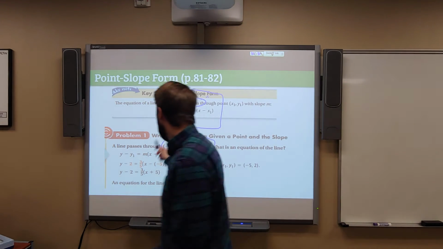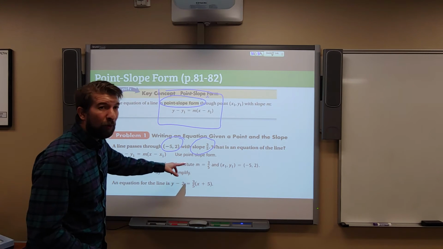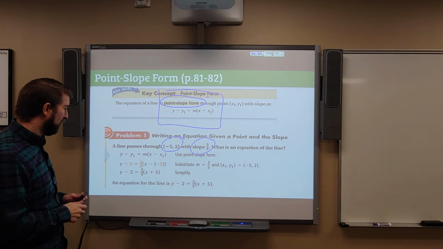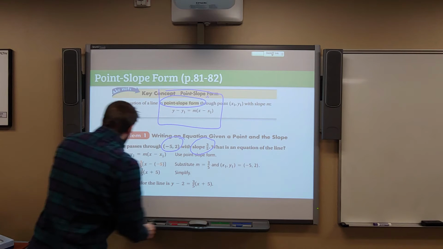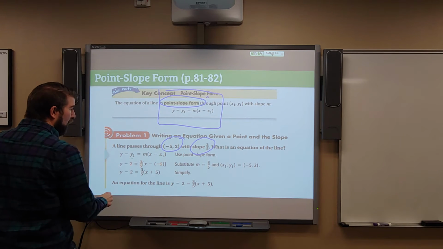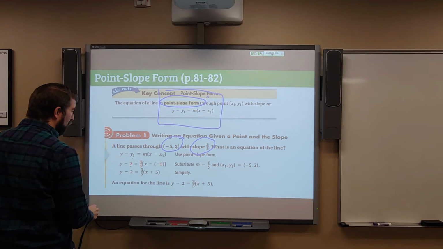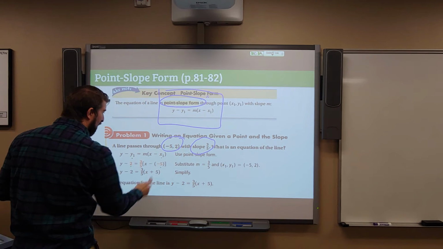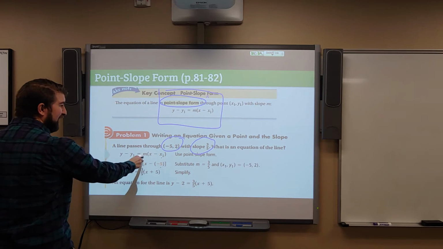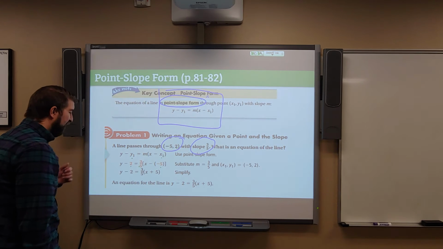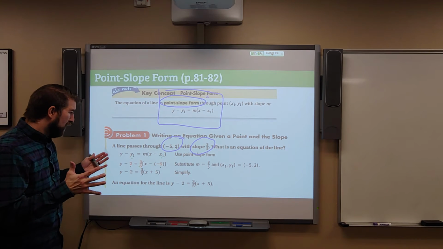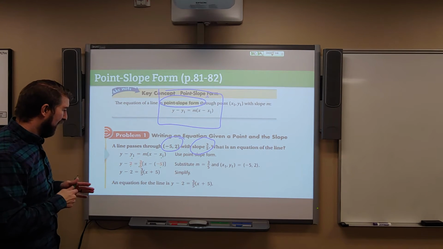So what I'm going to do is go ahead and write out point-slope form just like this, and I'm just going to substitute. All right, so where it says y1, I'm going to put 2. Where it says x1, I'm going to put -5. Then where it says m, I'm going to put 3/5. From there, you just simplify it, okay?